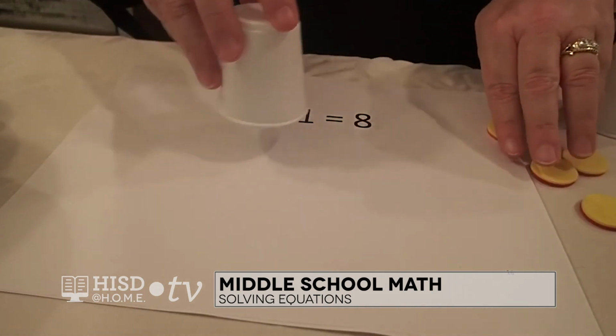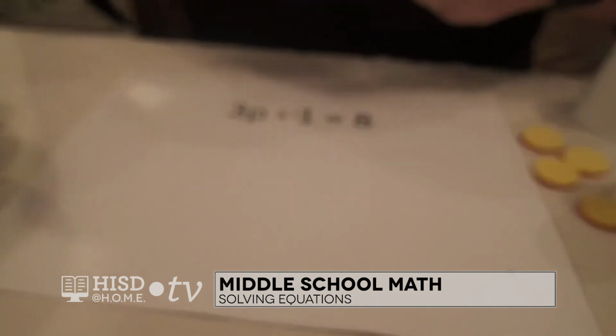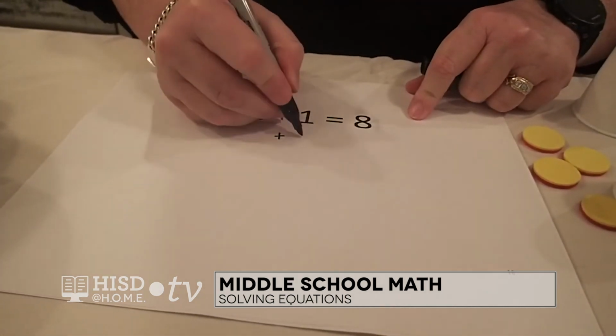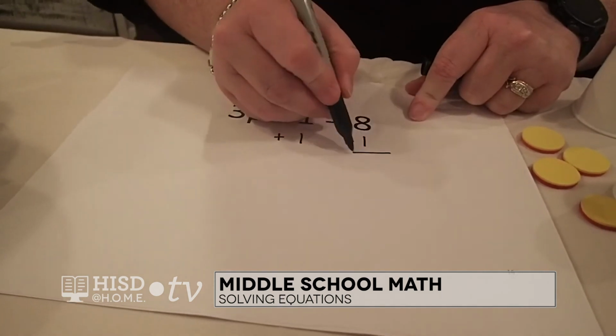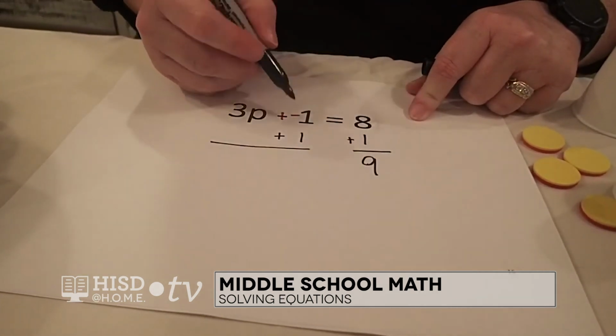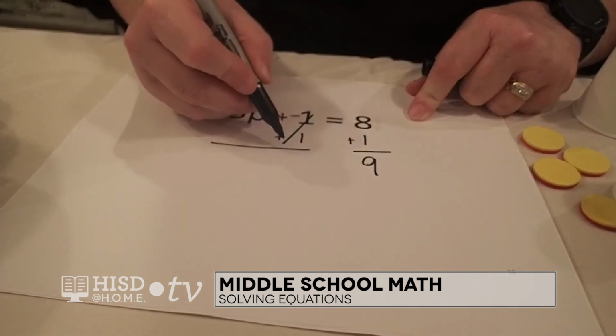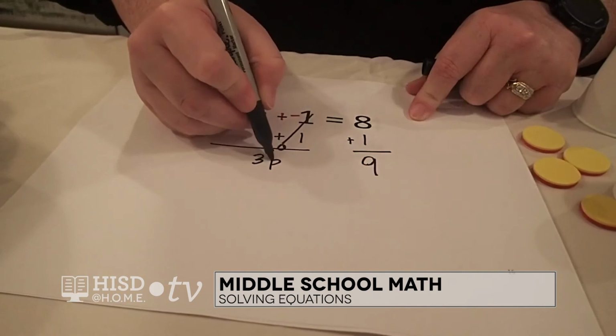So very quickly, I'm going to show you how I do this. Remember, we added a +1 because that was my 0 pair. That gave me 9. This created a 0 pair, so it went to 0 and I had 3 cups left over.